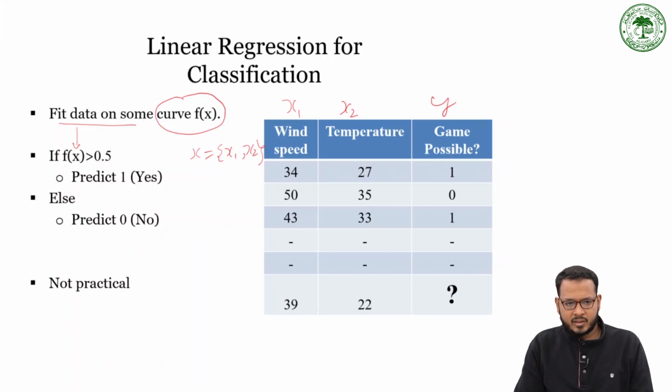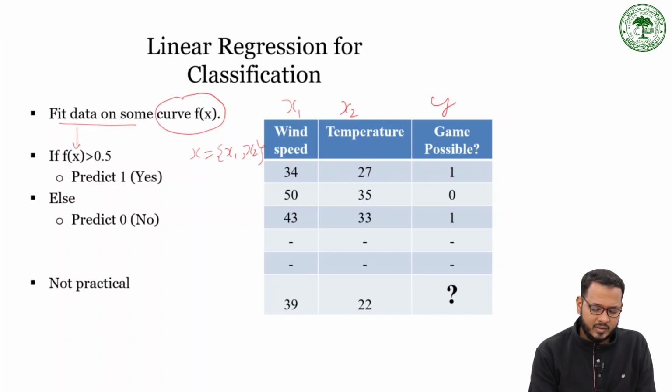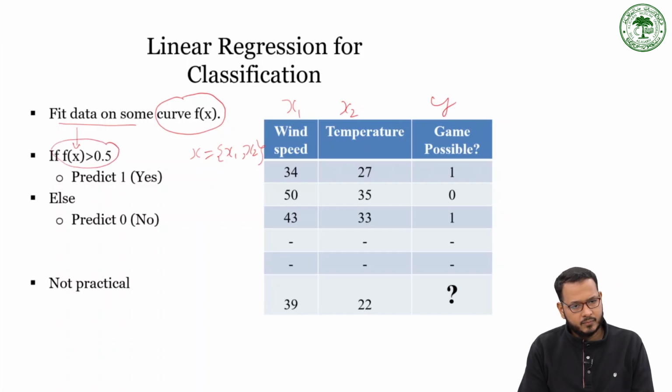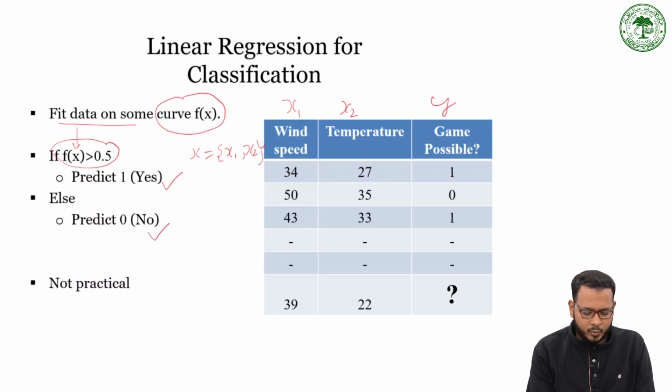Once we calculate this f(x) value which represents a curve, we will then check what is the value of that f(x). If it is greater than 0.5, then we can predict a yes. Otherwise, we can predict a no represented by the value 0.